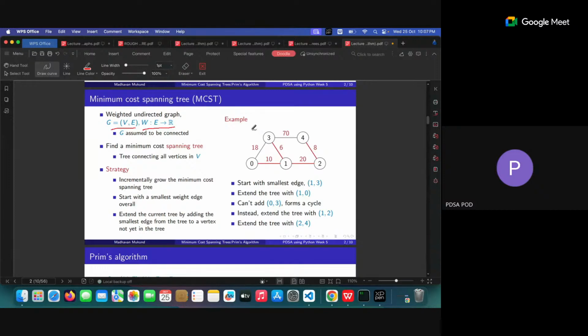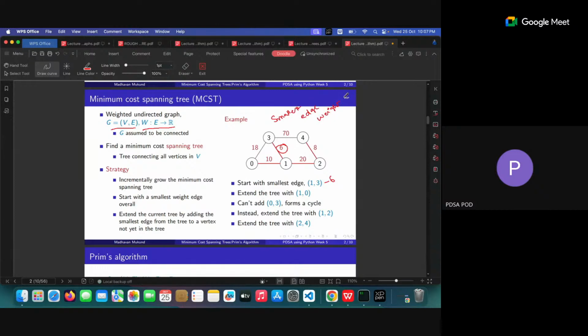Now we are using the first strategy, incrementally growing the minimum cost spanning tree. Start with the smallest weight edge. Out of all these, they choose the smallest edge. The smallest one is 1 to 3 because its weight is 6. They don't choose a vertex, they choose the smallest edge in terms of weight. Remember, weight.